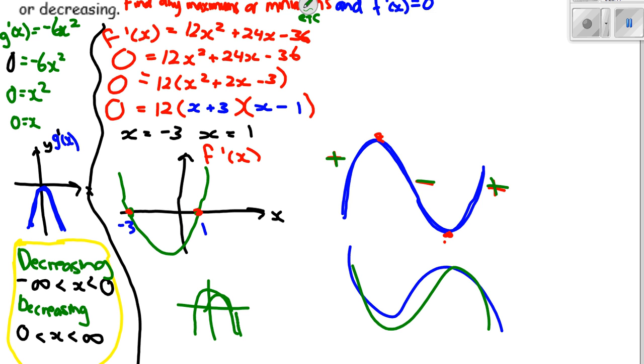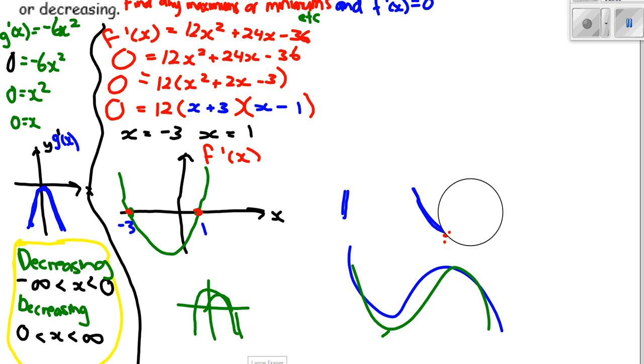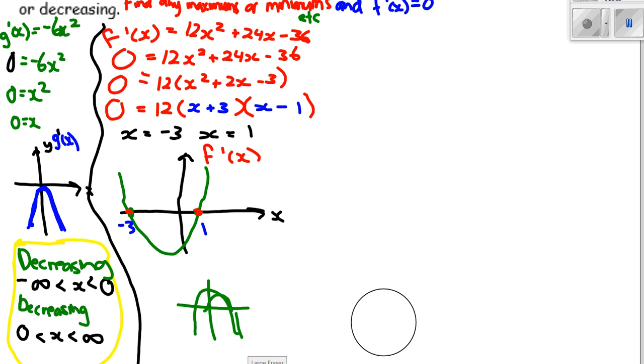So it'd be negative, positive, negative, more like this one. It is confusing, that's why I was more than happy to leave this at the end of last year and come back to it, because it is a strange concept.